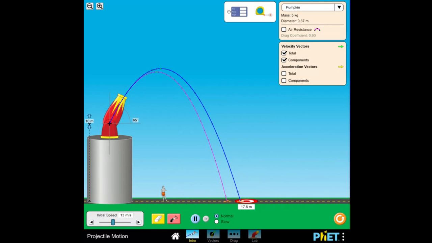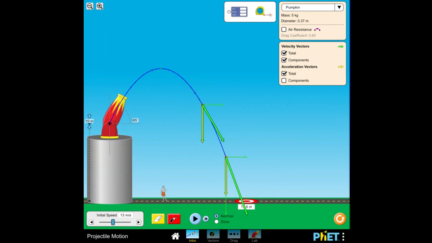First of all, the acceleration vector. If we fire, oh, you can fire two at once, I didn't realize that. As we step along, you can see these acceleration vectors never change in size, and they're always vertical.